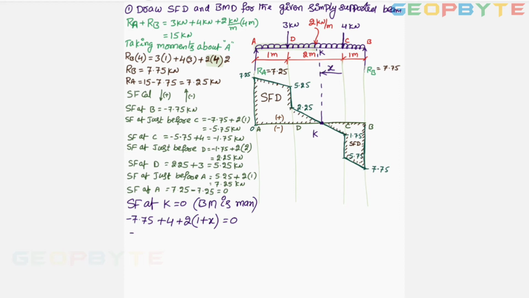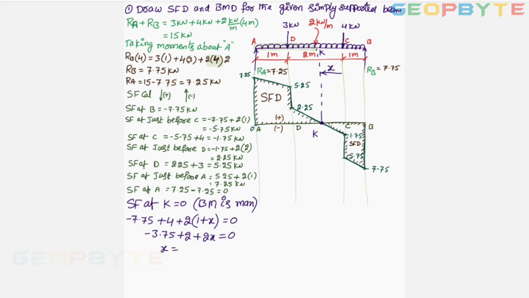Minus 7.75 plus 4 minus 3.75 plus 2 plus 2x is equal to 0. From this you can decide the x value.